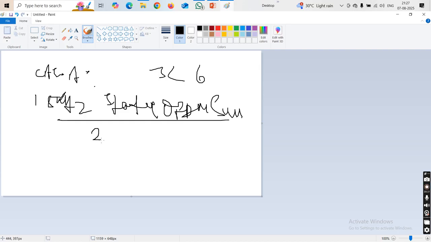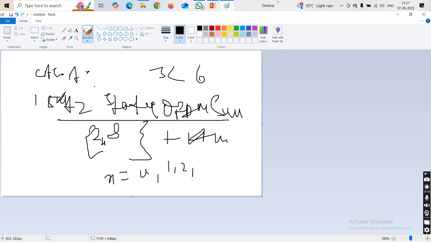So the formula is given as 2, 8, 2, 8, plus 14n. What does it mean? For 3 to 6 gigahertz, the n value will vary over 0, 1, 2 and 3. If you put the 0 value, what will happen? 2 plus 0, that is 2. Next, 8 plus 0, so that is 8.